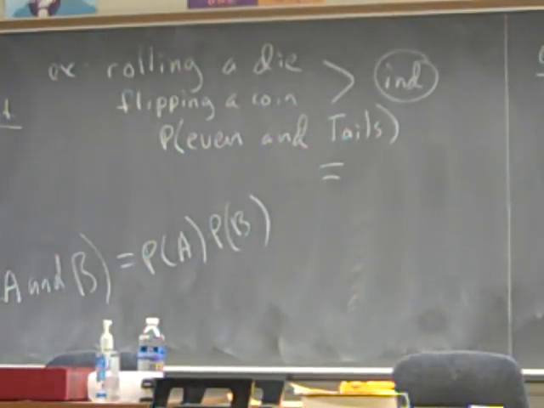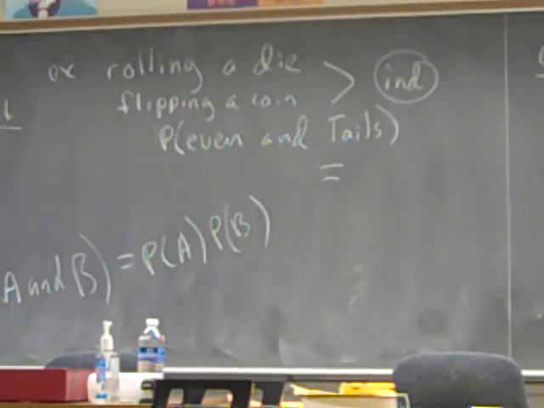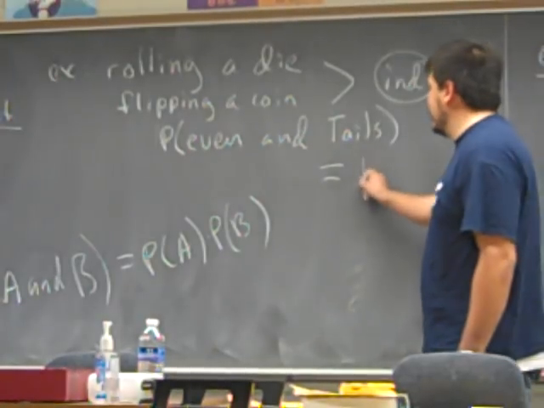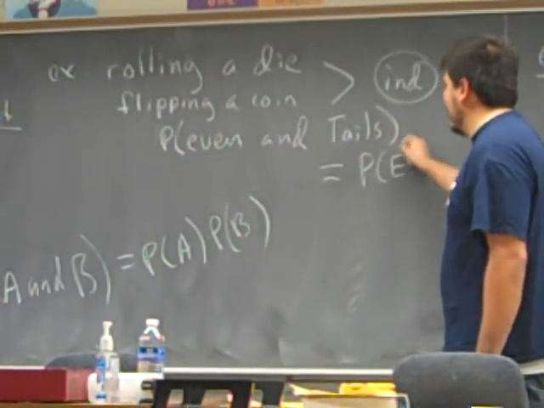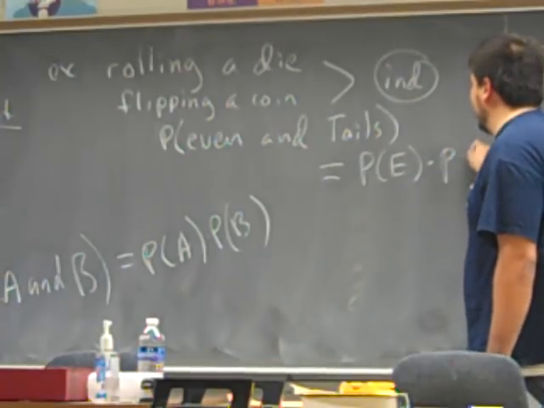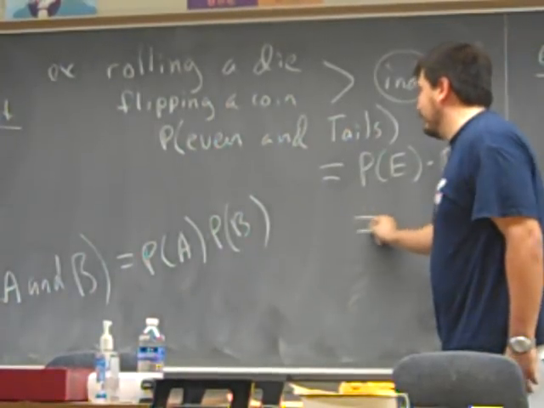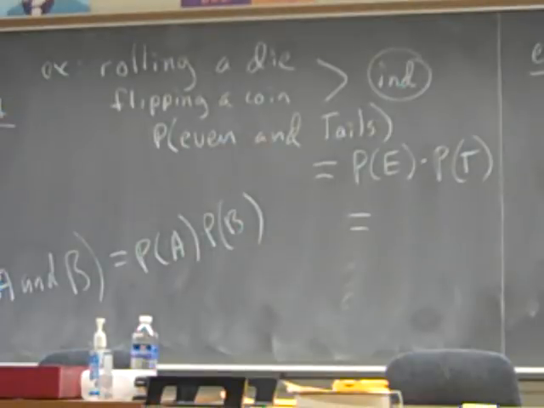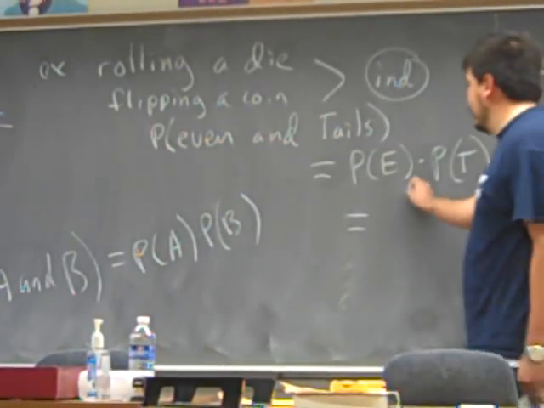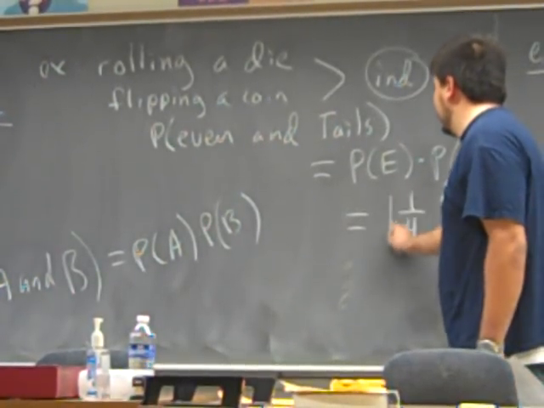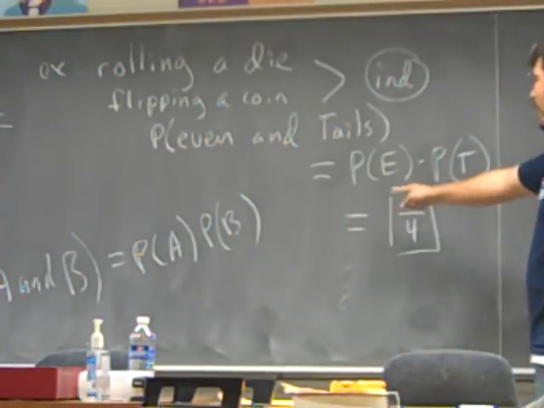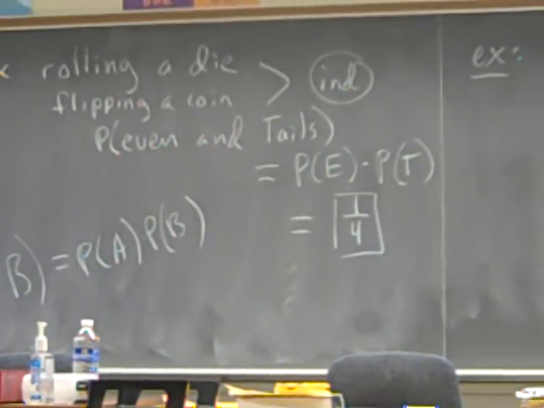Those two events are completely independent. I see the word and, which is your cue to multiply. So you find the probability of getting an even after you roll a die, and the probability of getting tails when you flip a coin. What's the answer? 1/4. 1/2 times 1/2.